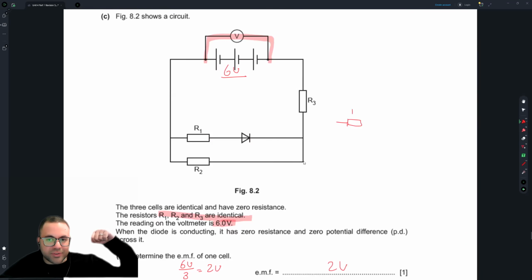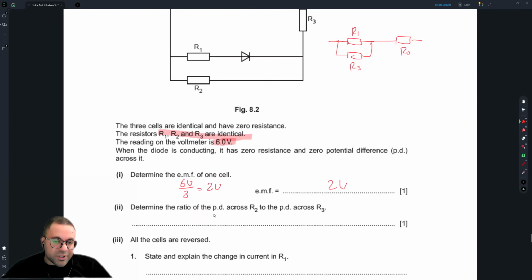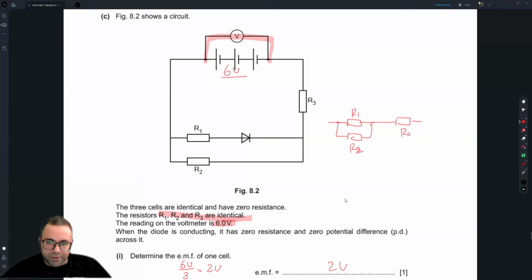Remember? If this is R1 and this is R2, and this is now R3, which is in series to it, just like the previous 40, 40, 40. When he says, hey, what is the ratio of the voltage of R2 to R3? Sorry, this is R2. I don't know why I wrote that as R3, and this is R3.